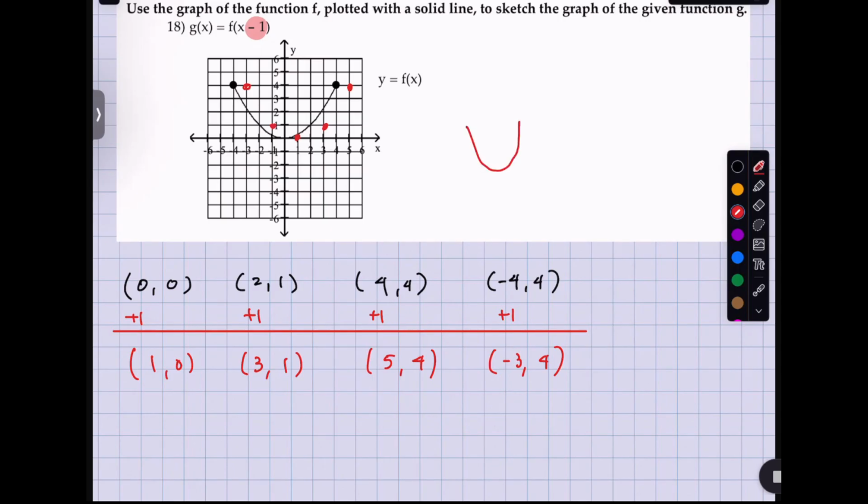Yeah? Next question. So you essentially just shift it, right? Shift right 1. Yep. It's negative, and then if it was positive, you shift it left.